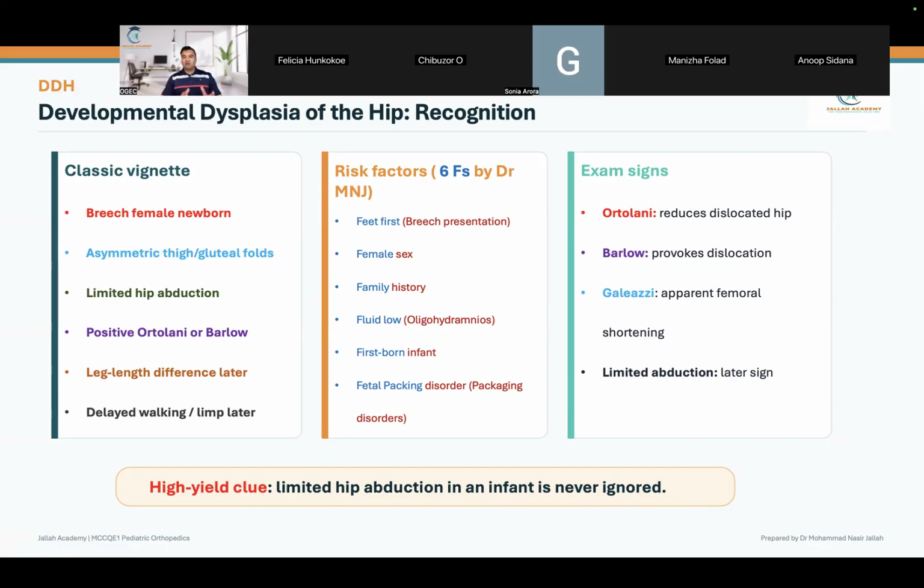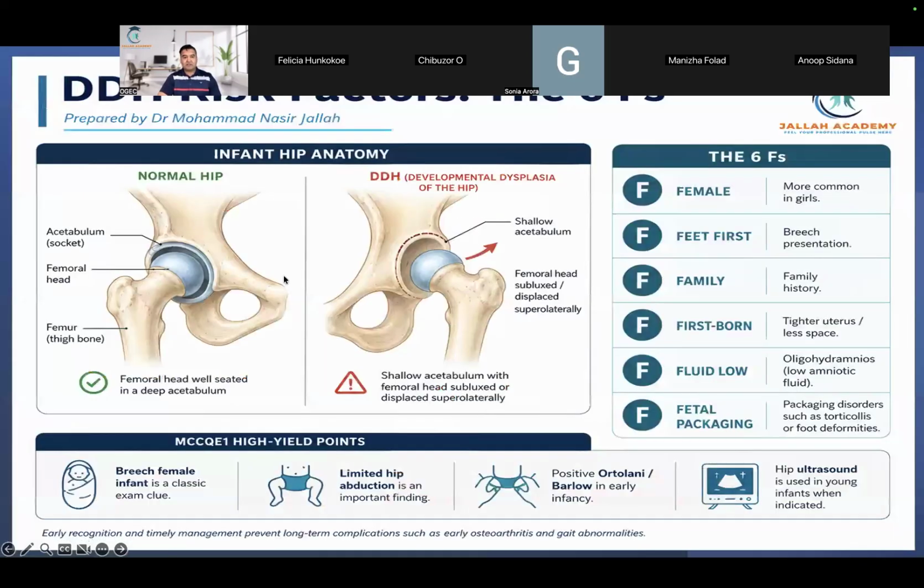The only thing you may notice is when the baby is crawling, which in some cases happens at an early age, right? So if you notice limited hip abduction, that should raise an eyebrow that this is not normal. So you have to see a doctor. The earlier you take care of it, the better it is. Okay? So any limited hip abduction should raise an eyebrow.